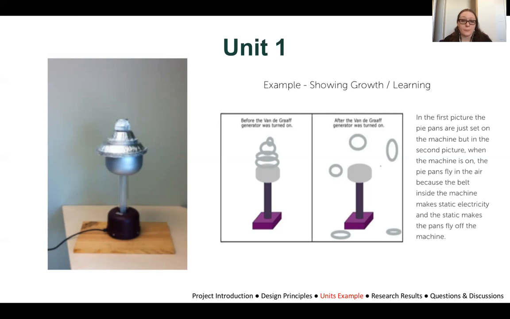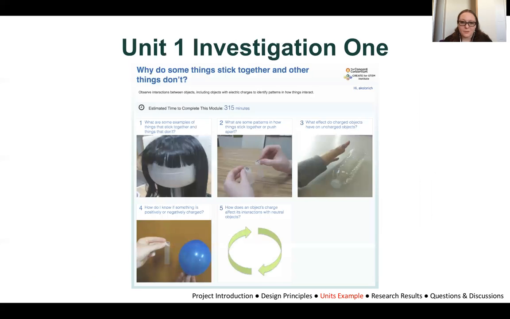This might be an example of a student's first Van de Graaff picture with the pie pans. This was taken from a student who went through this curriculum after its many revisions. They would do this really early on, right after they saw this first demonstration, but then they move through some lessons to explore why that might happen. They look at patterns in how things push apart or stick together, what effect charged objects have on uncharged objects, and how I know if something is positive or negative.